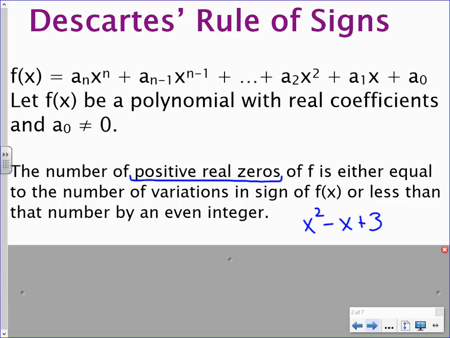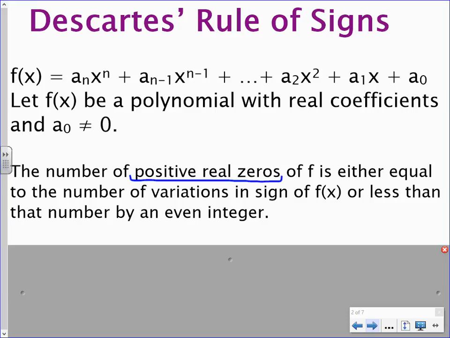Okay? Now, we count up the number of sign variations, and that is going to tell us how many positive real zeros we have, or an even integer less than that. Okay, so if we have 5 sign variations, we could have 5 positive zeros, we could have 3 positive zeros, or we could have 1 positive zero.